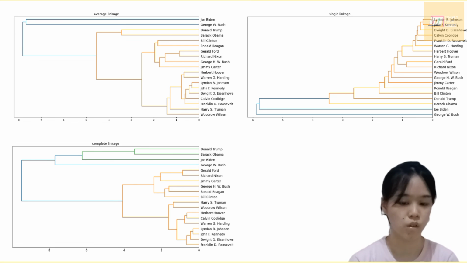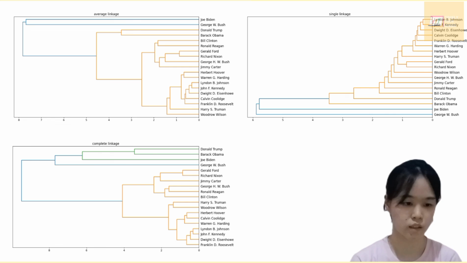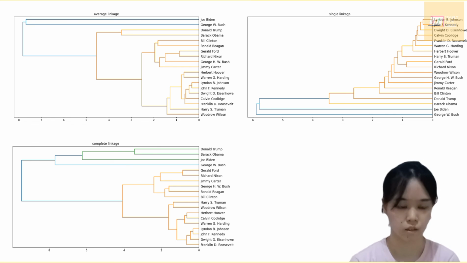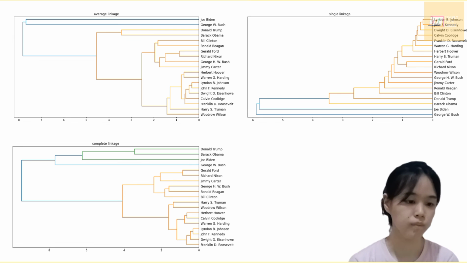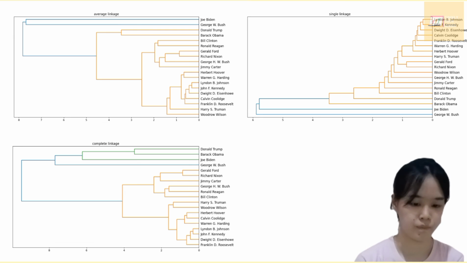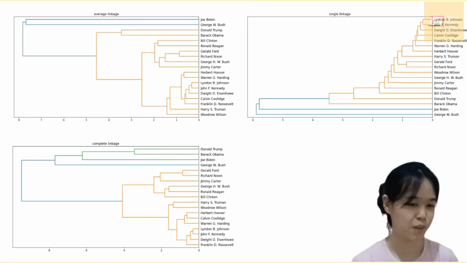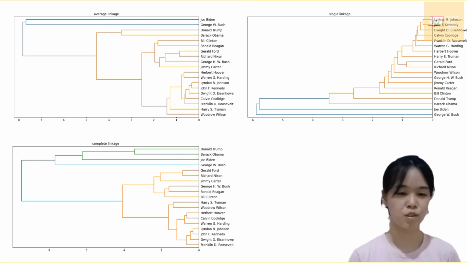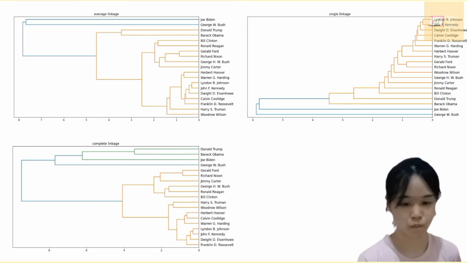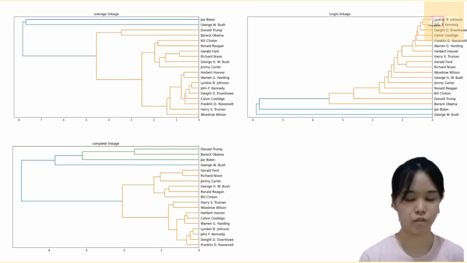And Calvin Coolidge is also joined after Dwight D. Eisenhower in single linkage. Again, I'm just comparing the CPI, okay, not comparing the presidents. I'm just using these presidents' names to label the period of time.